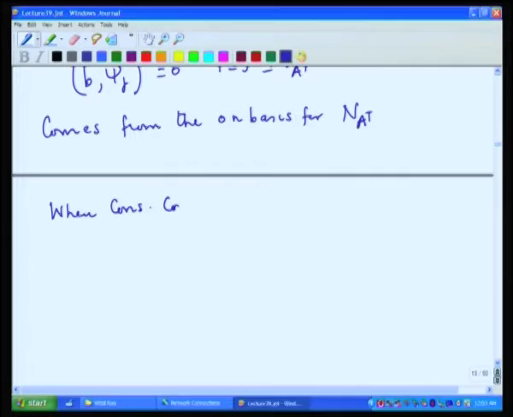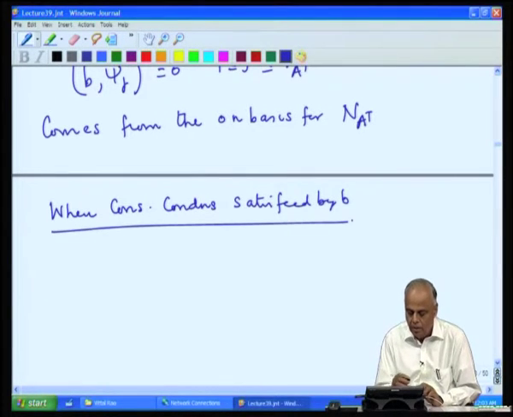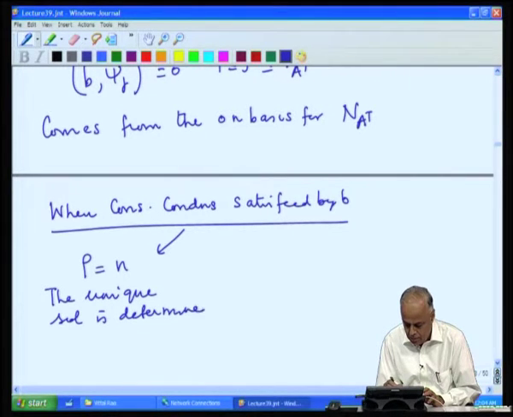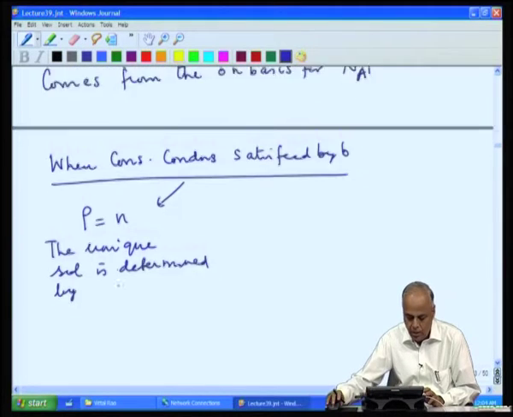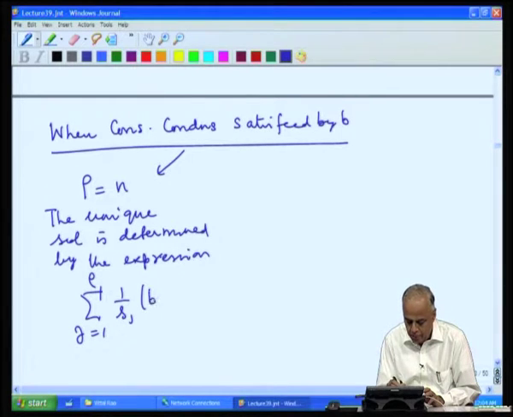Then the next case is when the consistency conditions are satisfied by B. When rho equal to n, we know that the unique solution is determined by the expression summation j equal to 1 to rho, 1 by S j, b u j v j.